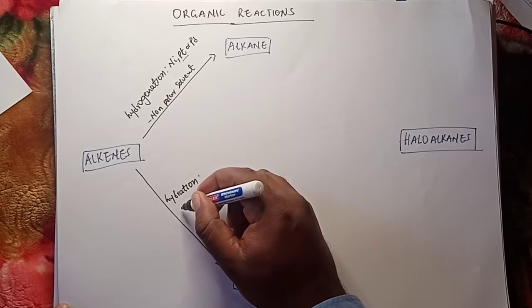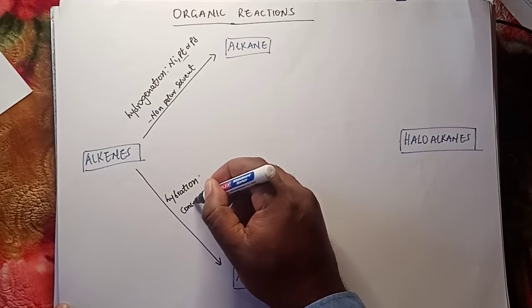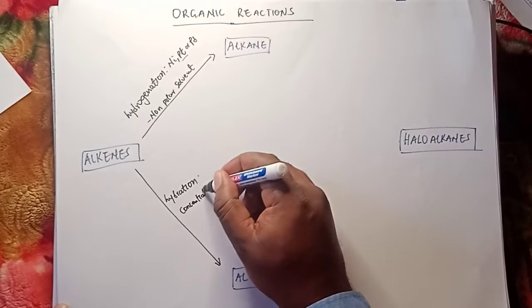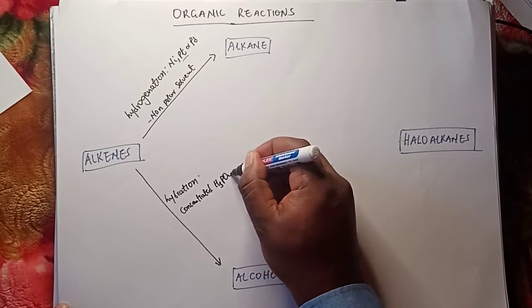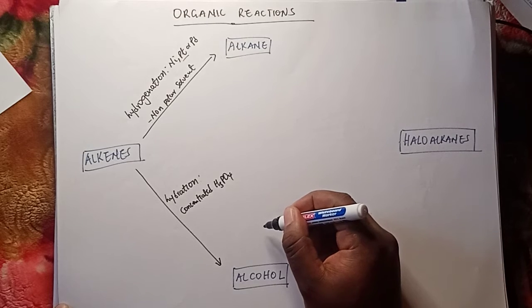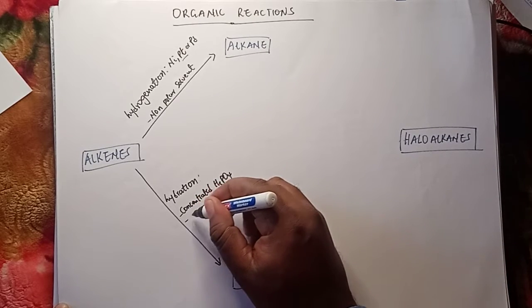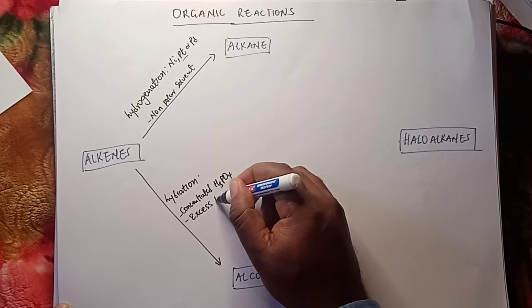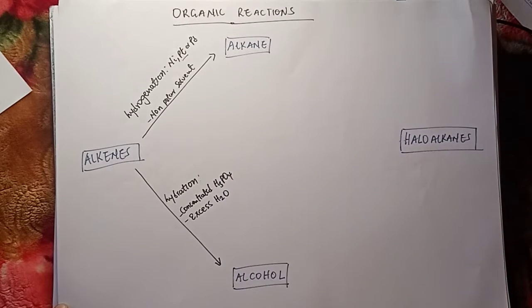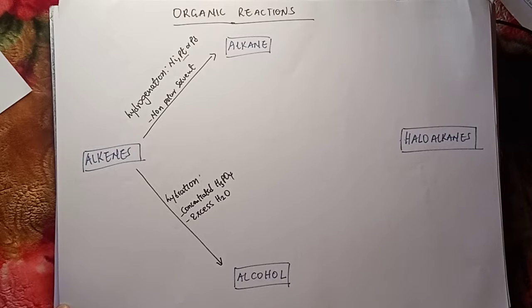In hydration, the conditions you must know are that we are using concentrated phosphoric acid or sulfuric acid, and in addition to that, excess water. Take note of the conditions involved in the hydration reaction.